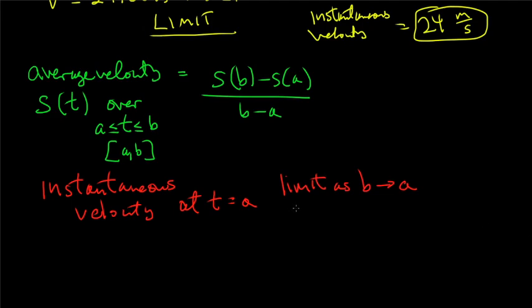So as b gets closer and closer to a, again, we can't plug in a for b. We've tried that already, and we got 0 over 0, which doesn't tell us anything.